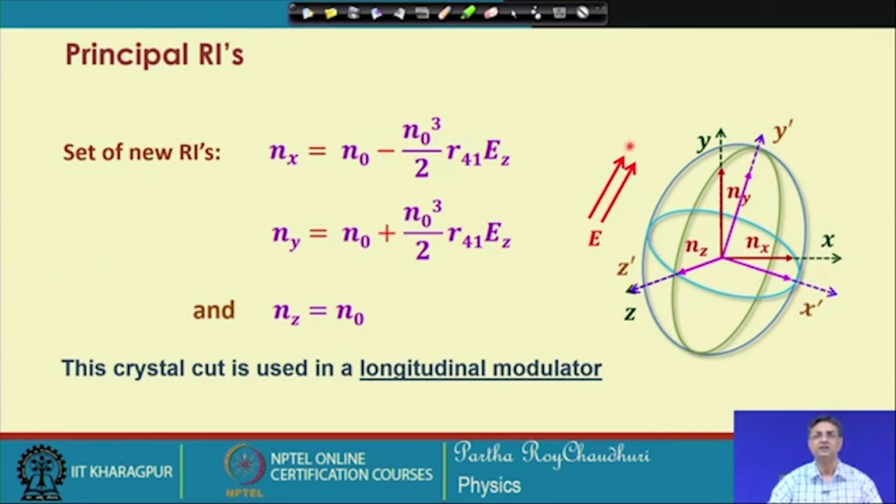As a result there will be a birefringence, and depending on the length travelled, there will be a phase delay or retardation. Then you can set up a modulator with this. So, this configuration, that is the electric field and the light travelling in the same direction in an isotropic crystal, gives you a longitudinal modulator.